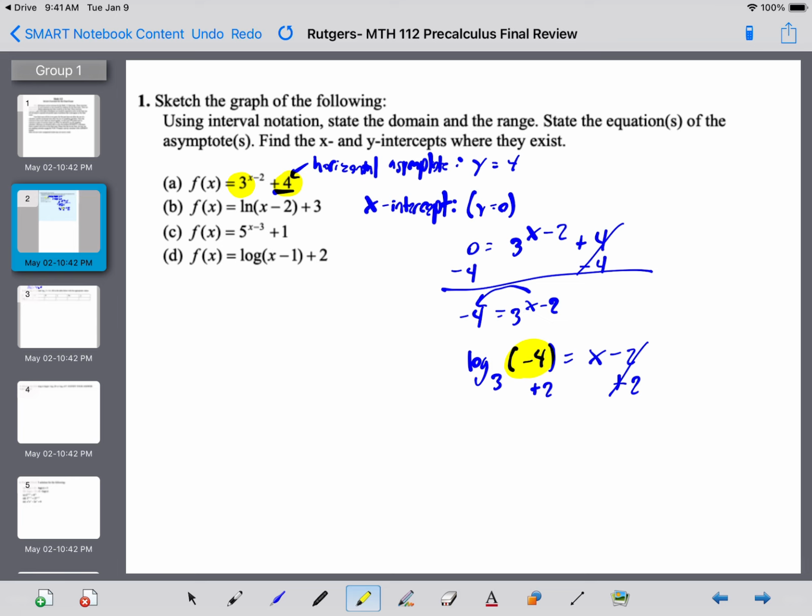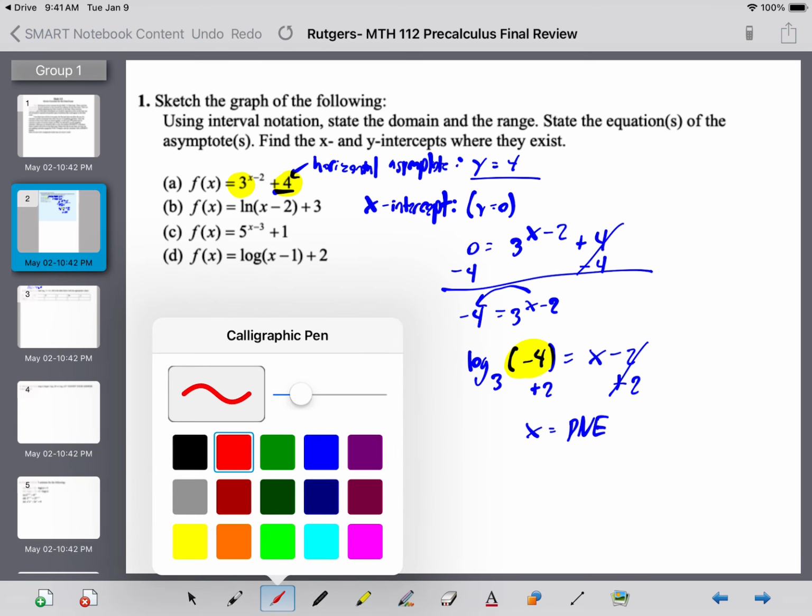And you cannot divide a non-zero number and get 0. So this does actually not exist. But we could have known that from the horizontal asymptote or if we were to sketch this.